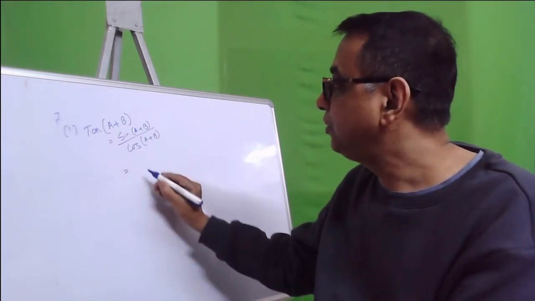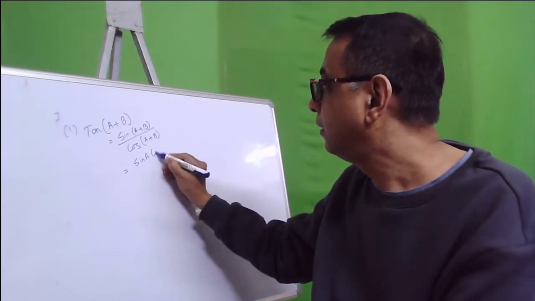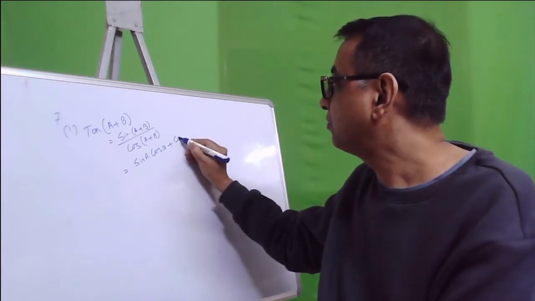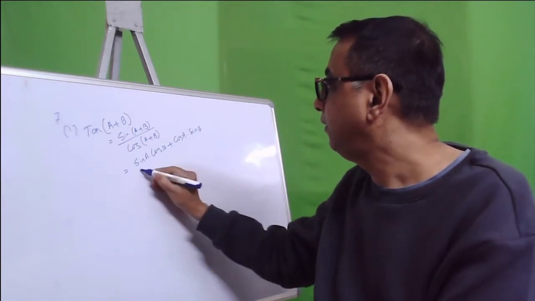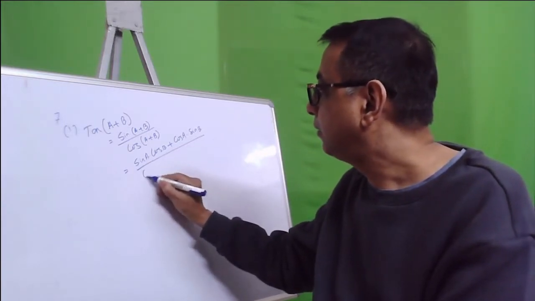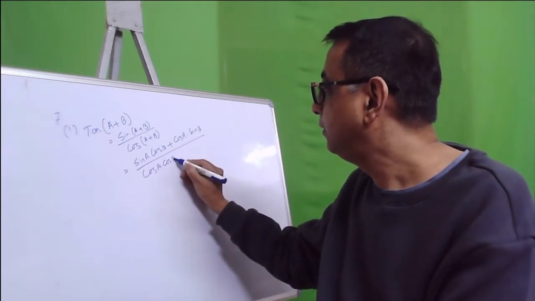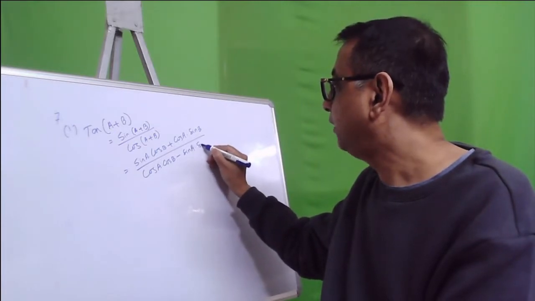Now let us put this formula: sin a cos b plus cos a sin b, divided by cos a cos b minus sin a sin b.